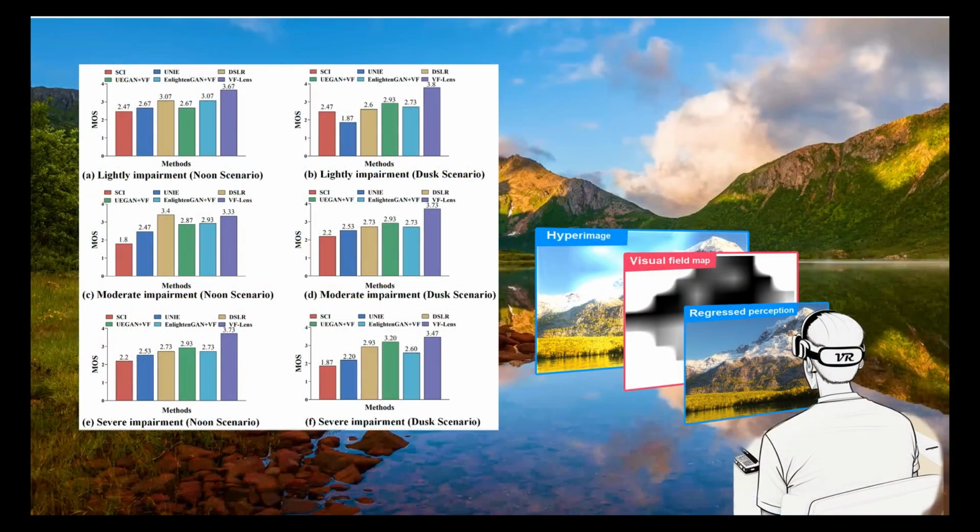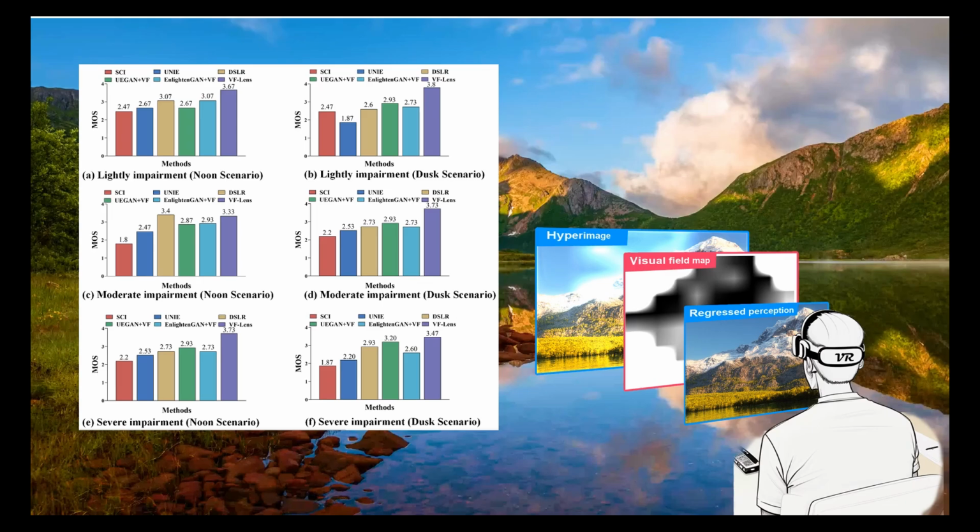To address the shortage and difficulty in recruiting visually impaired participants, we recruited another additional 30 participants to act as virtual patients with simulated visual field impairment, following the existing experiment protocol. We compared VF lens with benchmark methods by evaluating the perceived video quality in VR using the mean opinion scores, MOS, rated by the virtual patients.